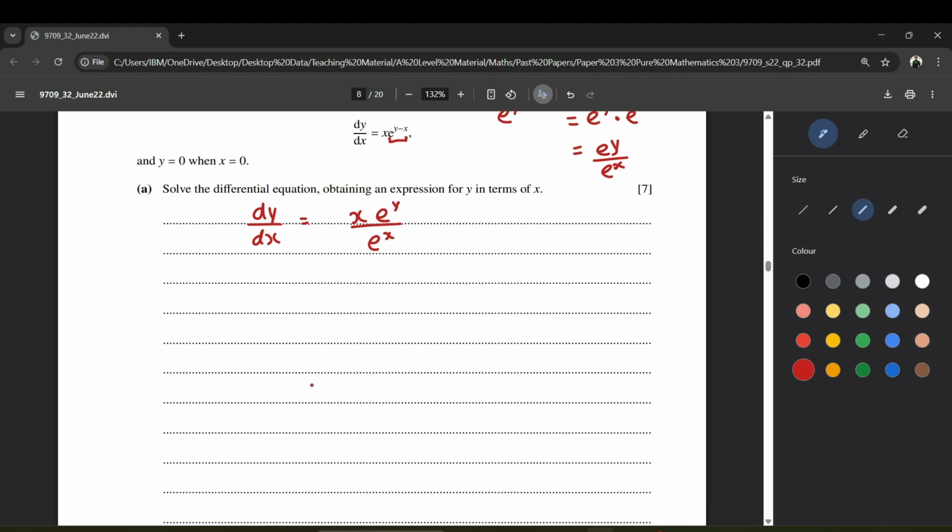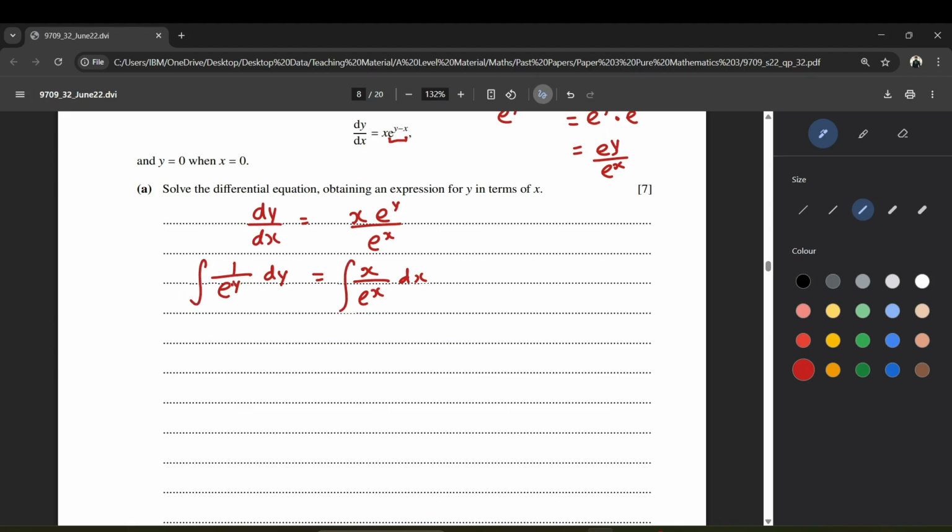Now we need to separate the variables. So e to the power y will move to the other side and we can move dx to this side, and then we integrate them.